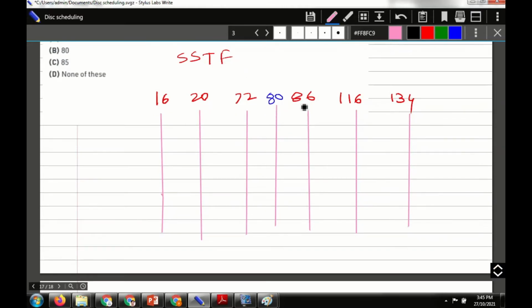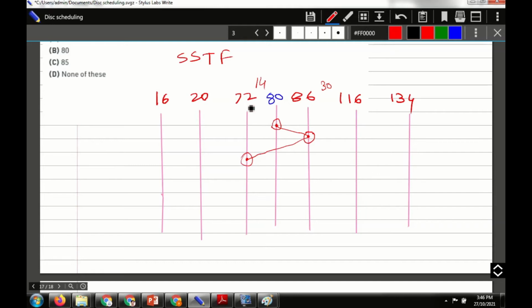Going to 86 requires a distance of 6, and going to 72 requires a distance of 8. So the distance of 6 is shorter, and it will go to 86. From 86 it can go either to 116 or to 72. From 86 it requires a distance of 30 to reach 116, and a distance of 86 minus 72 equals 14 to go to 72. So instead of going to 116 it will prefer to go to 72.